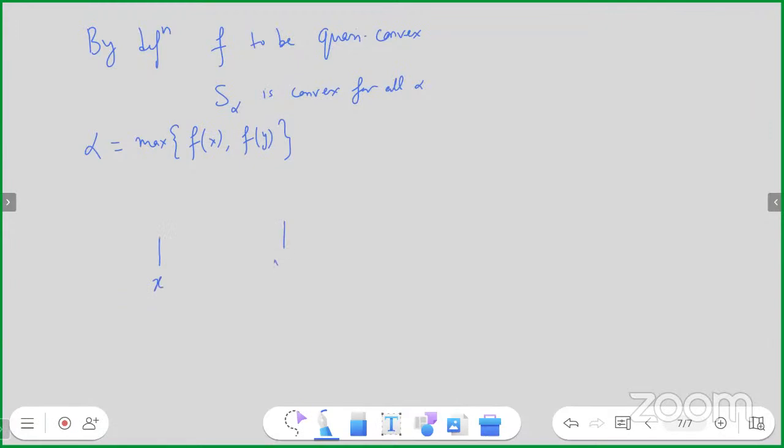So let's say these are two points, and my theta is lambda x plus 1 minus lambda y. Theta belongs to the interval x comma y by definition, and all alpha level sets are convex. So theta lies in S alpha, so f of theta is less than or equal to alpha.